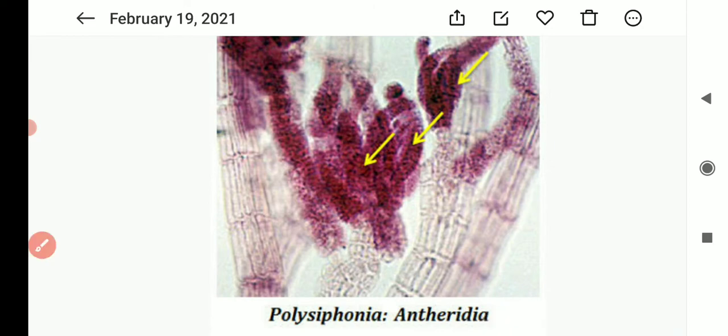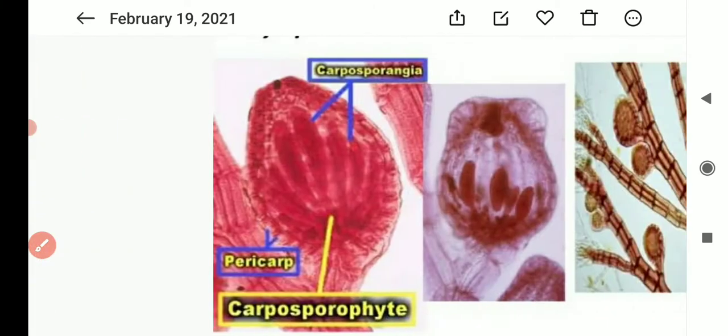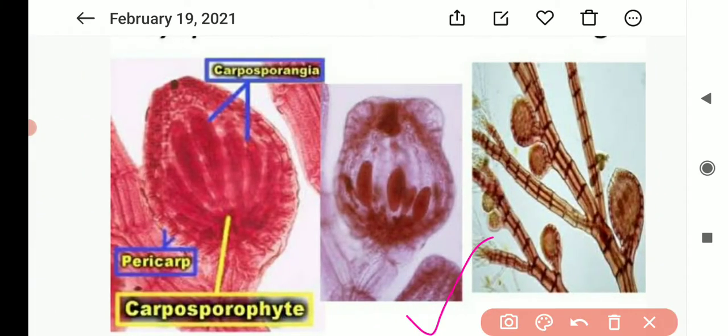All right. So, since we have a male organ, that is the antheridia, then we have a female organ, that is your carpospore, right?